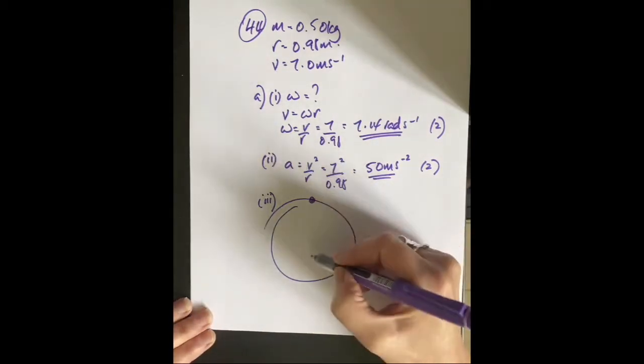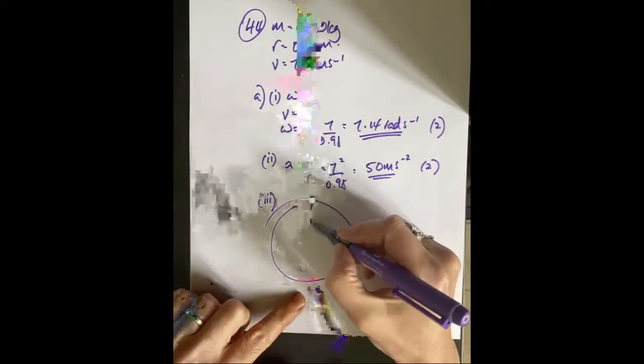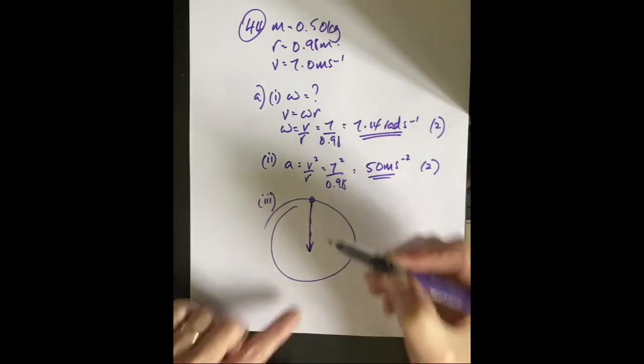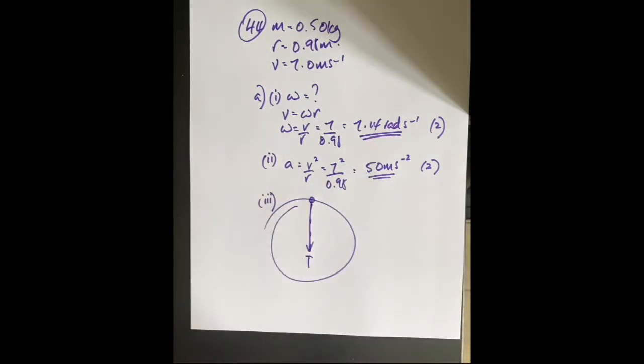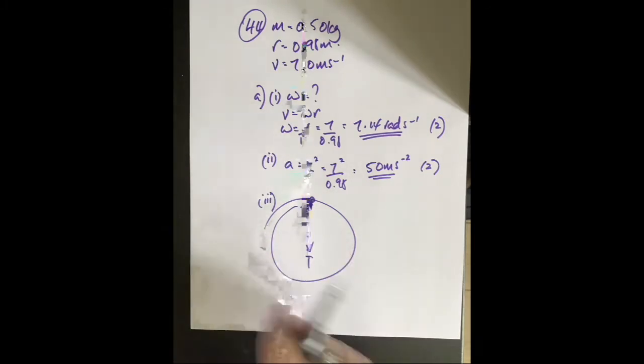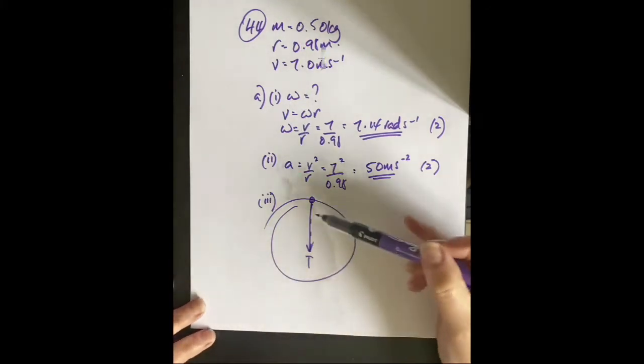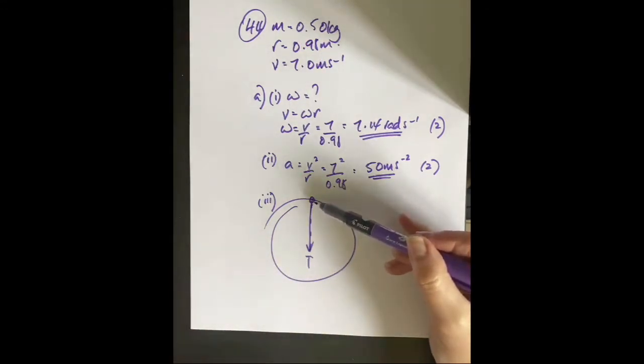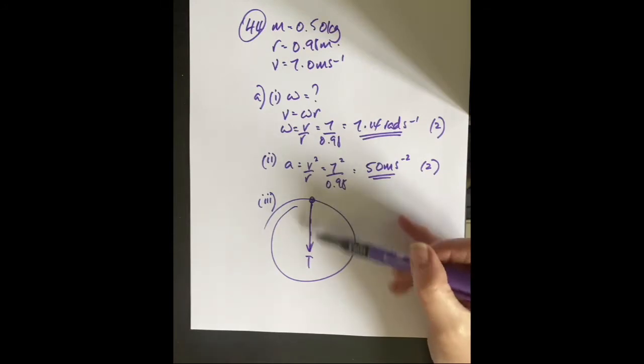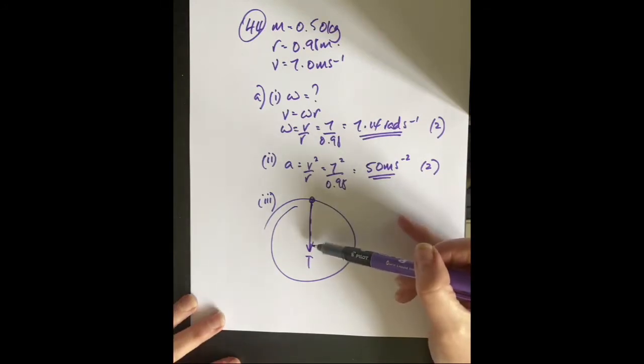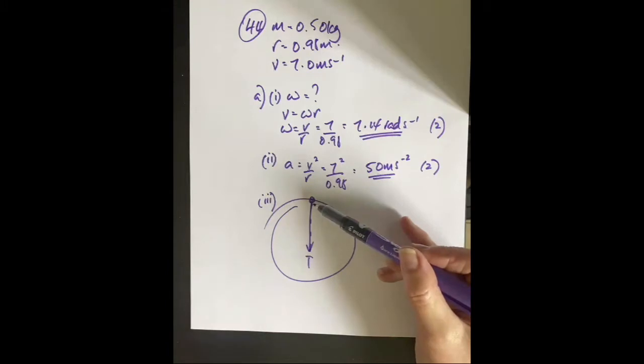Remember that this is the string, and it's tension in the string T that we're interested in for this sort of thing. If it was a roller coaster, it would be R, the contact force there. So the contact force that's acting towards the centre is tension in this case, and it's least at the top.